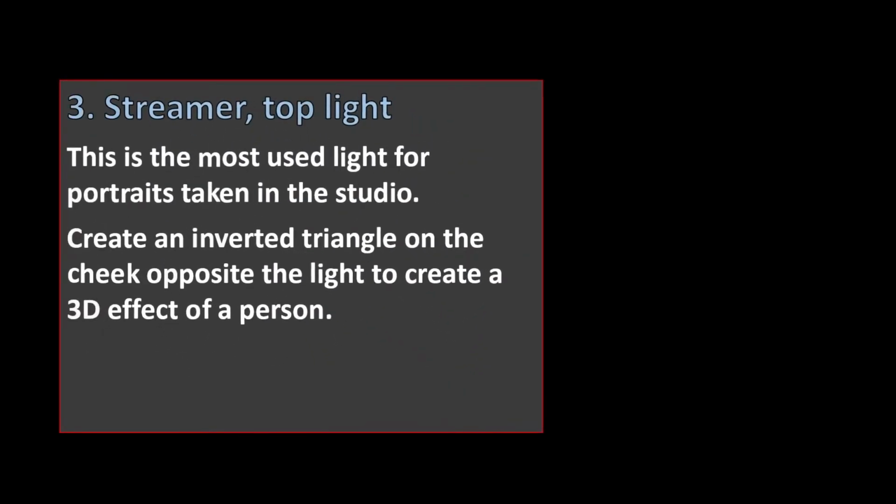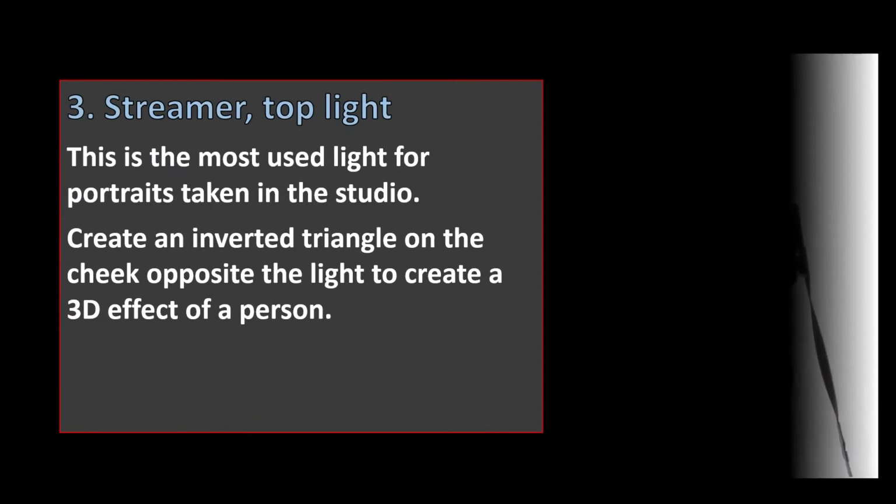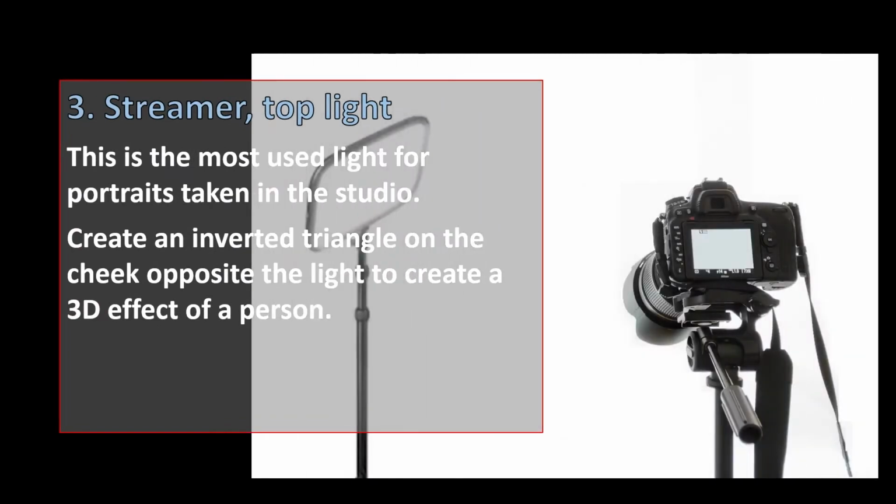3. Top light. This is the most used light for portraits taken in the studio. Create an inverted triangle on the cheek opposite the light to create a 3D effect of a person.